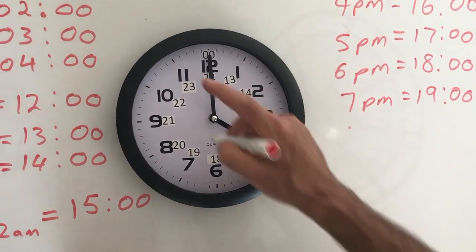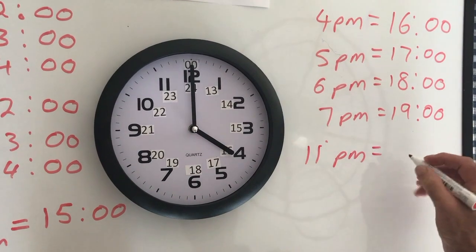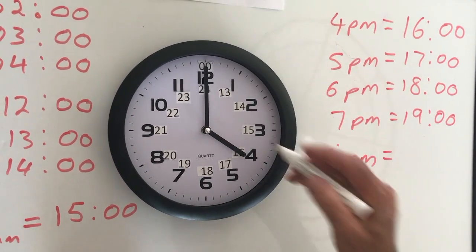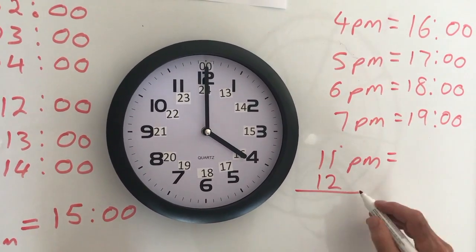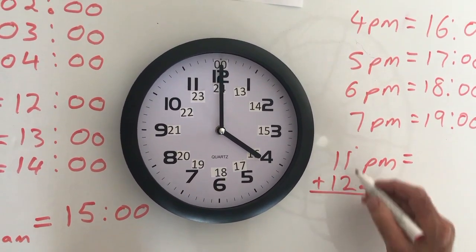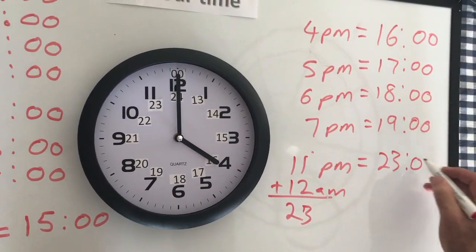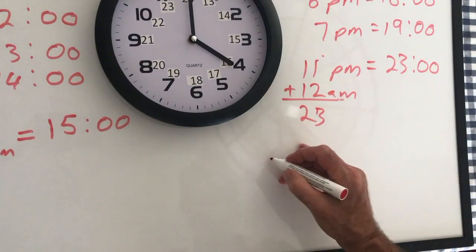And so on, right up until 11 PM, which is 11 o'clock at night. We've got to add our 12 hours before that we had in our AM, and we get 23 hours.